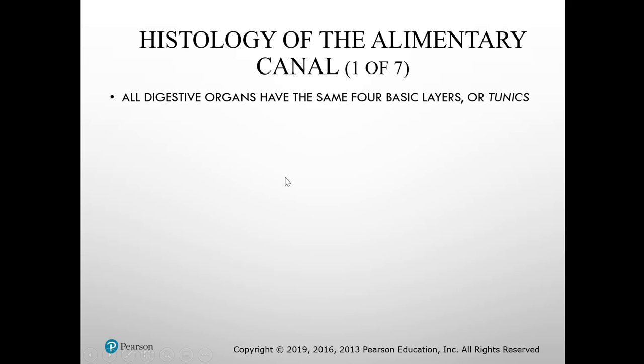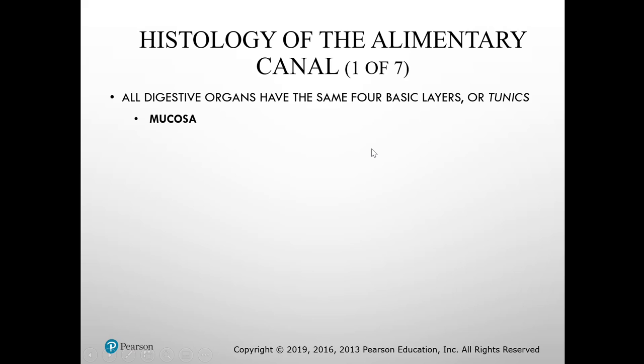Now, all digestive organs have the same four basic layers, and we're going to get into a review of the histology of the alimentary canal. You call these basic layers a tunic, or tunica.